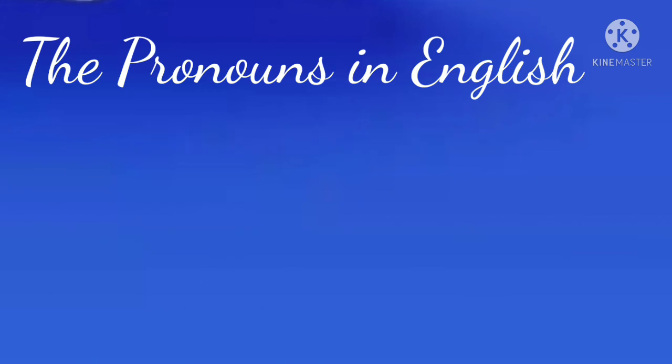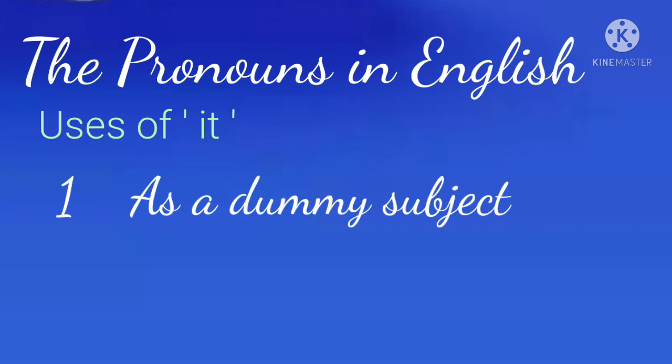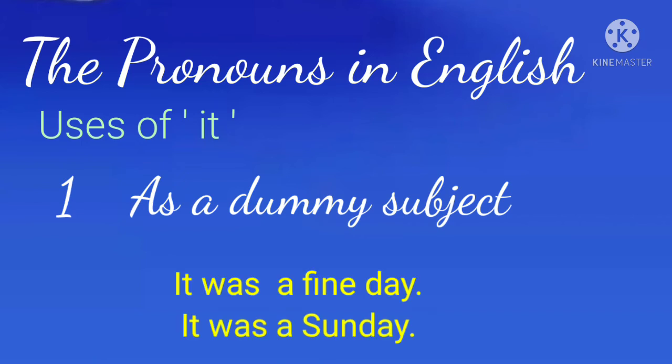Again, it is used in different contexts. For example, it is often used as a dummy subject. For example, it was a fine day, or it was a Sunday. Here, in these two sentences, the word it serves as a dummy subject.